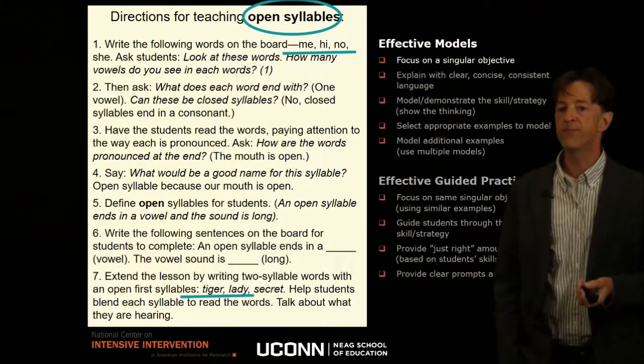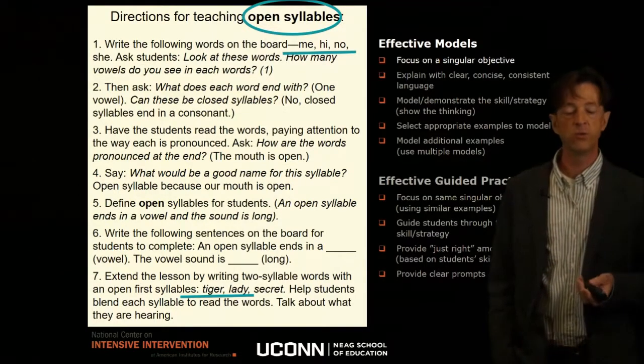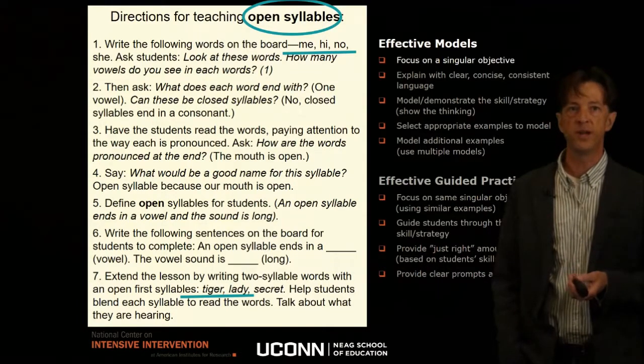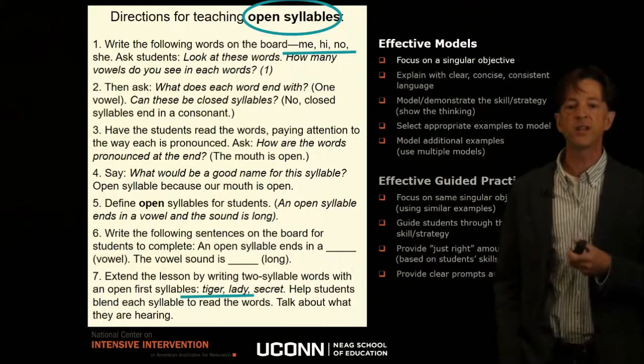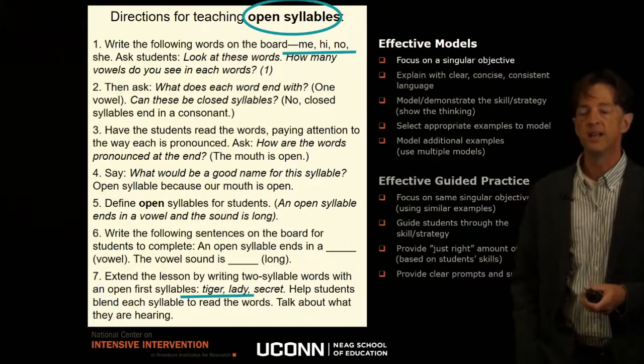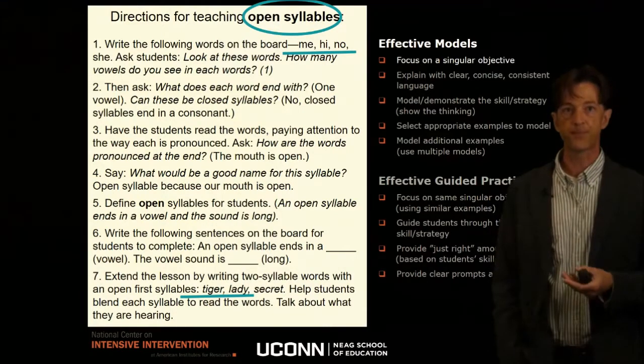Is it reading single-syllable open syllables? Is it being able to read two-syllable words that begin with an open syllable? If it's unclear, it probably isn't really focused on a singular objective. So I would say this is one that's a little unclear about exactly what it's supposed to be teaching.